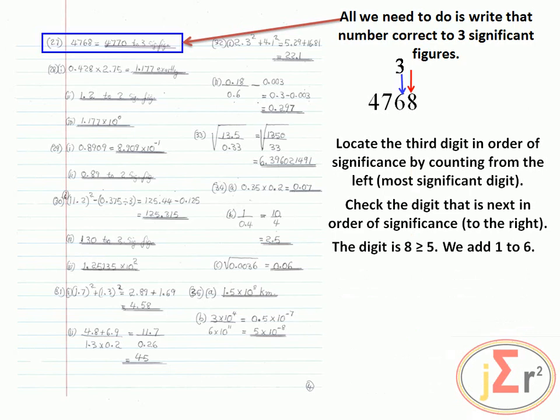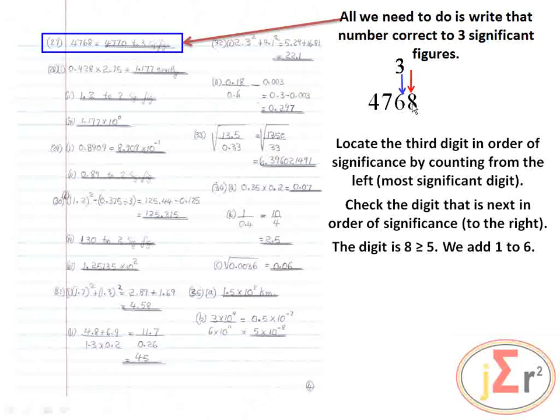What is the purpose of doing that? The digit is 8. 8 is greater than or equal to 5. We add 1 to 6. We will add 1 to the third significant digit. And why do we do that?